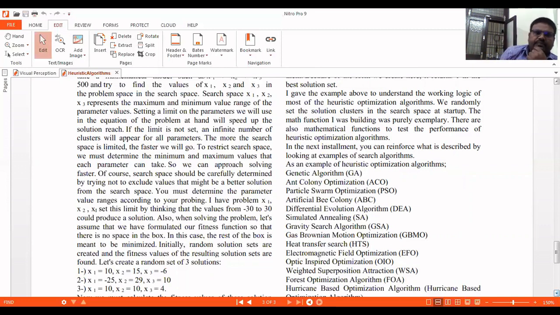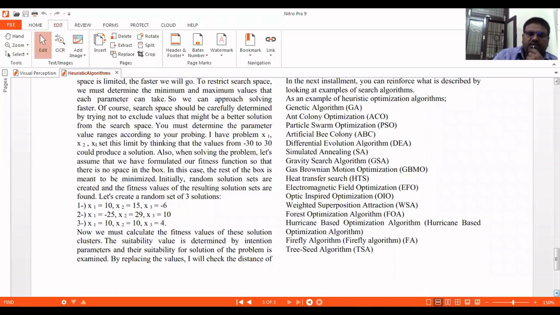Let's create a random set of three solutions. Solution one: x1 equal to 10, x2 15, and x3 minus 6. Second: x1 minus 25, x2 29, and x3 10. Third: x1 10, x2 10, and x3 4.